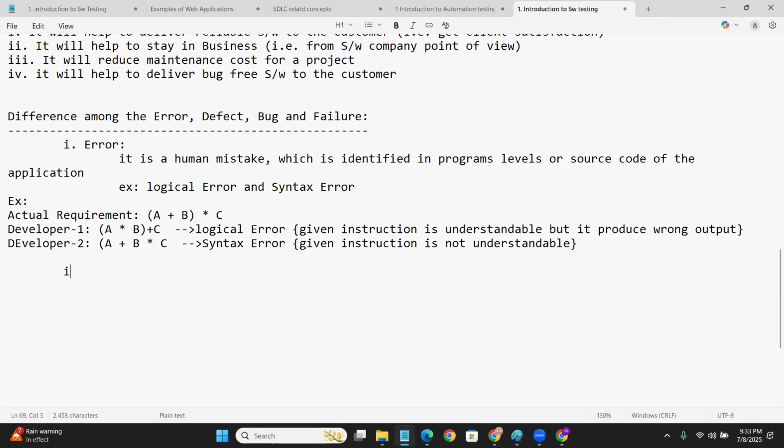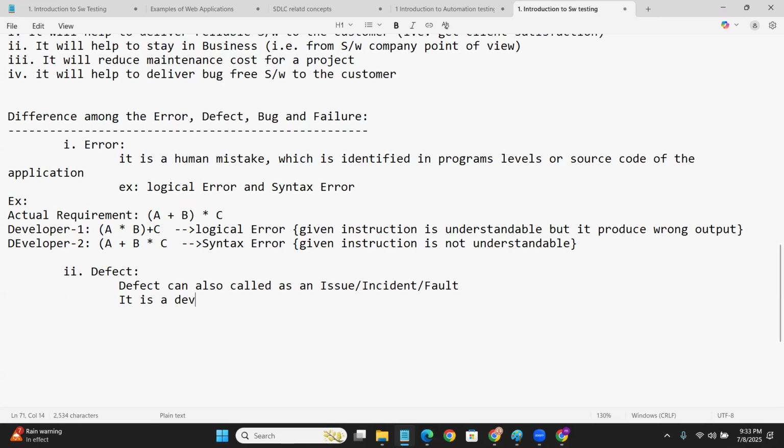Right. The second one is the defect. A defect can also be called an issue, incident, or fault. What is that?